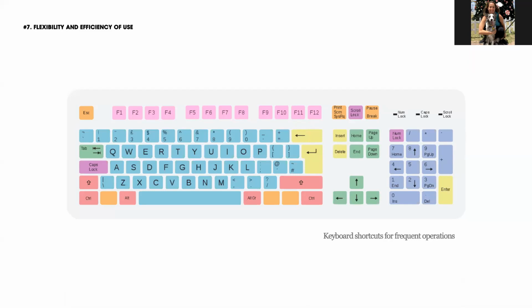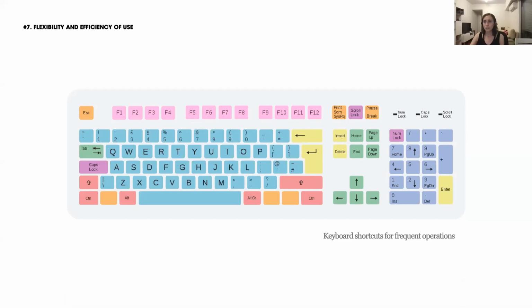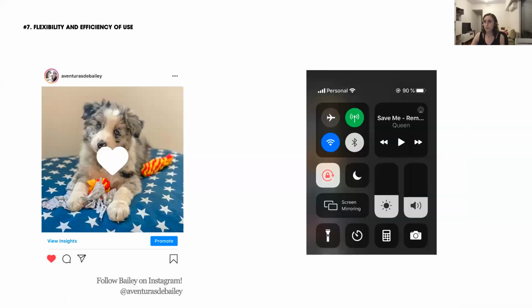Okay. Back to normality. So, as I was saying, a way is to have shortcuts. Another example is, for example, in the case of Instagram, we can have duplicated actions.